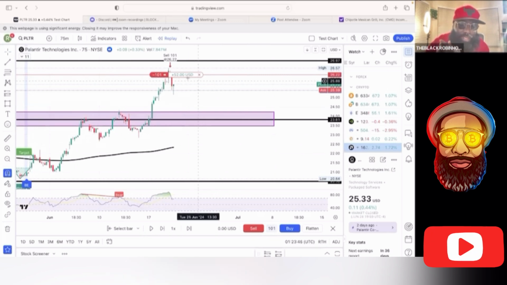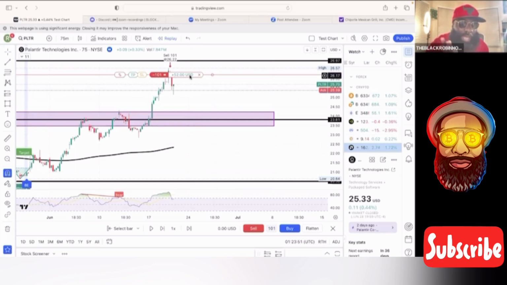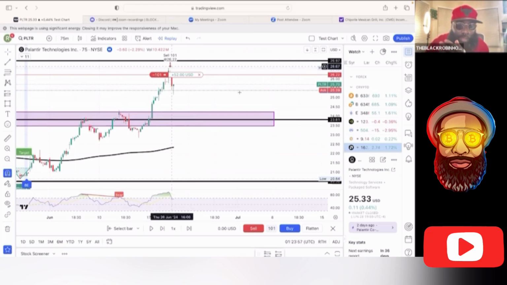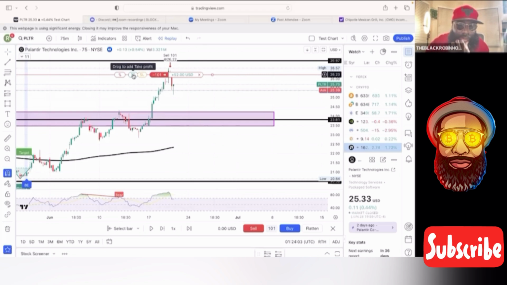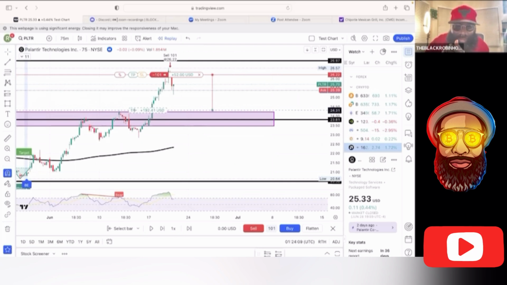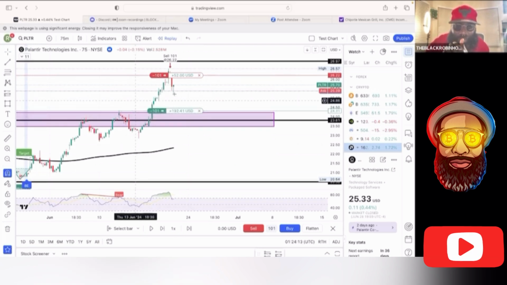Can y'all see my screen? So I'm making money. I made $52. I bought 100 shares of Palantir at this level. You with me? You can see. I'm gonna put my take profit down here.